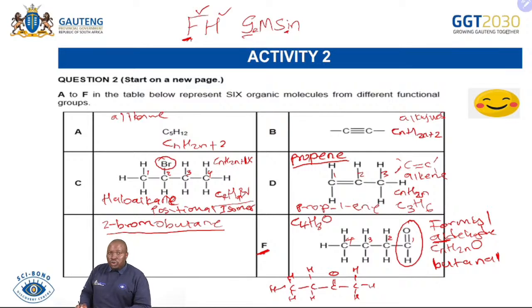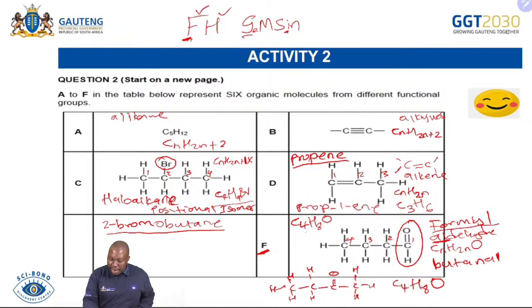Now when it goes to the ketone that is the isomer there, you can count as well: 1, 2, 3, 4. So it's C4, H is 8. So it's still C4H8O.